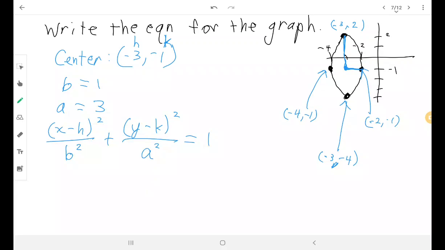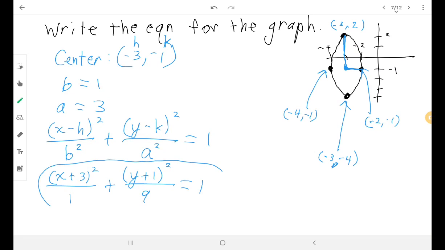So x minus h, so x minus -3 is like x plus 3, so x plus 3 all squared, over b squared, 1 squared, which is 1, plus y minus k, minus -1 is plus 1, all squared, over a squared, which is 3 squared, which is 9, equals 1.